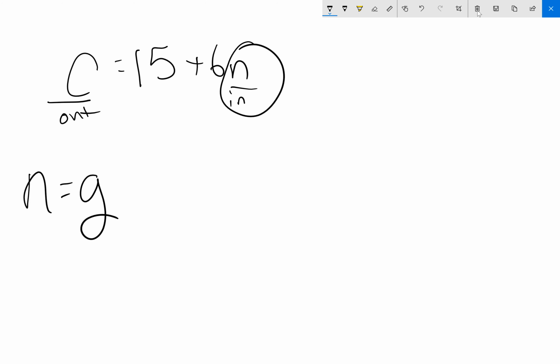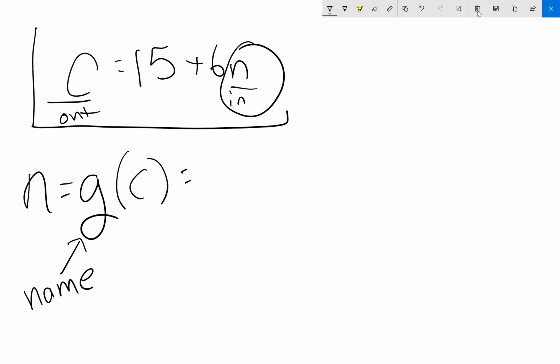Our new function name is g. Remember, g is not the output, g is just the name, in terms of the total price. So luckily we already have an equation that gives us c in terms of n. So now we just need to get n by itself.